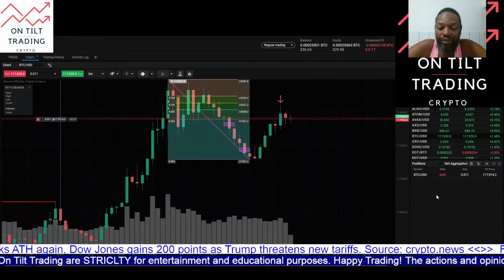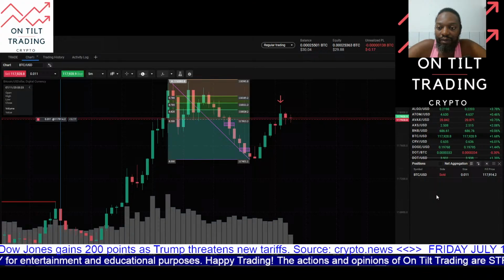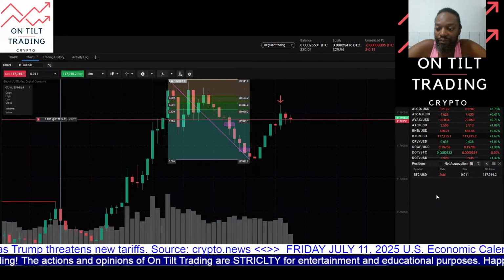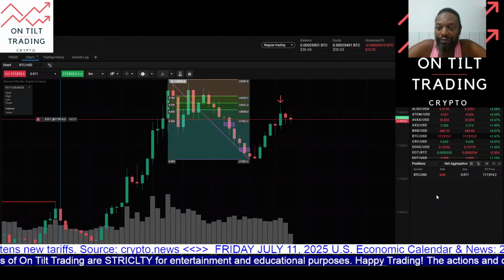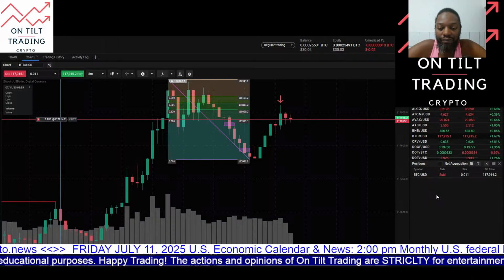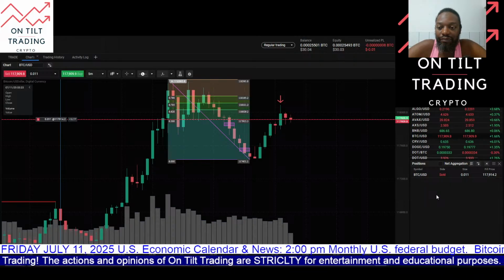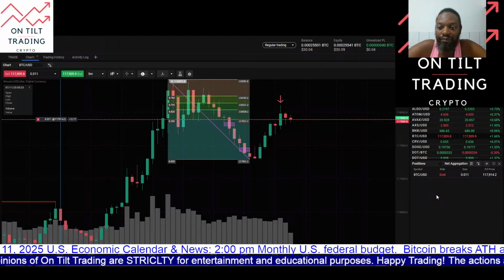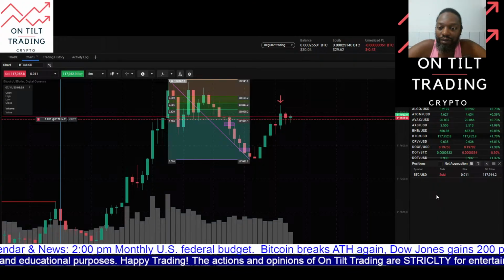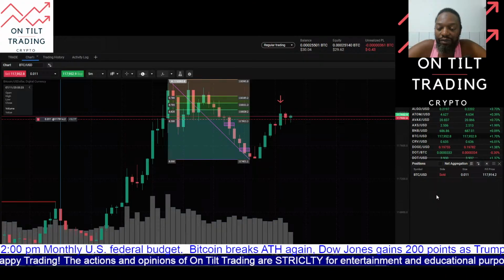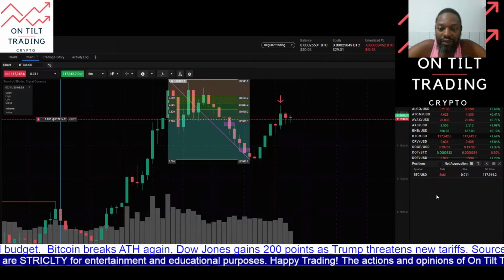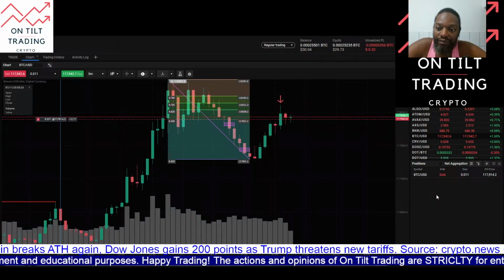More consolidation here. Price back up to 117,920. 117,950 buy side delivery here. Price may want to test the previous 5-minute high, consolidating here.